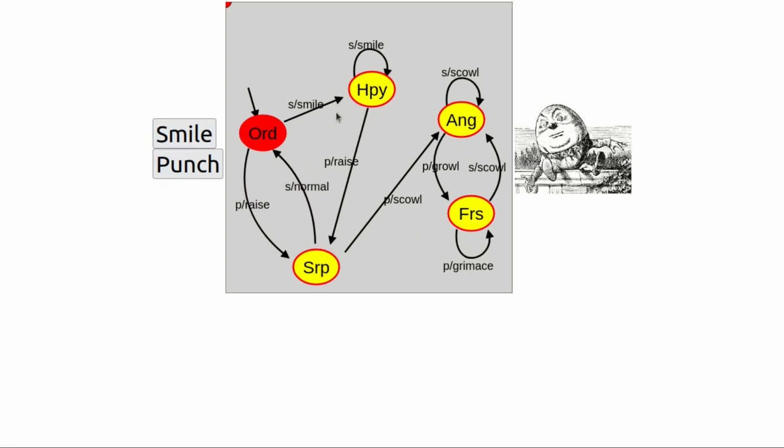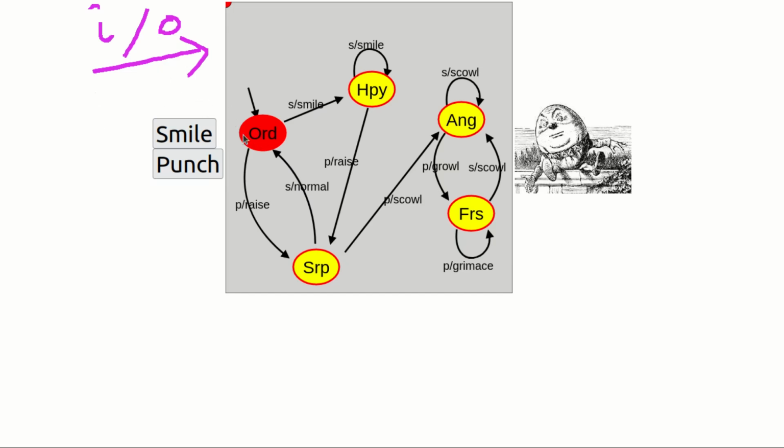These are connected with some arrows that encode those functions. Each arrow is labeled with something, a slash, something before the slash and something after the slash. The thing before the slash is the input and the thing after the slash is the output.